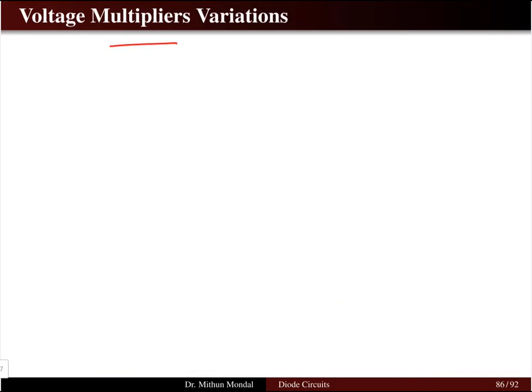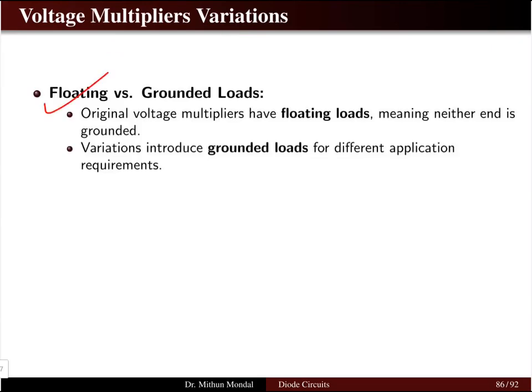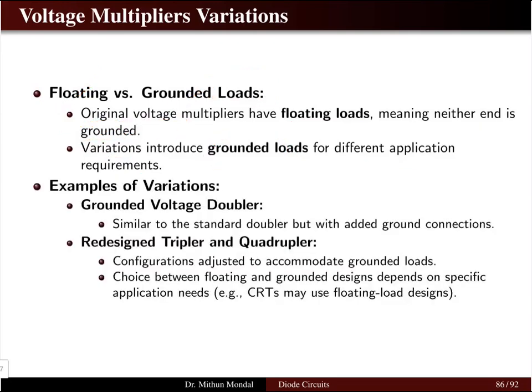If we talk about the different types of voltage multiplier variations, we can have either floating or grounded load variations. What is a floating load? In the original voltage multiplier, the load has neither end grounded, so you do not have any ground connection. Whereas in a grounded load, the variations come because in different applications you may have a load that is grounded. An example of the grounded mode is the voltage doubler, which is similar to the standard doubler but with an added ground connection.